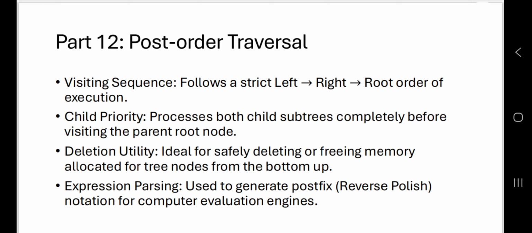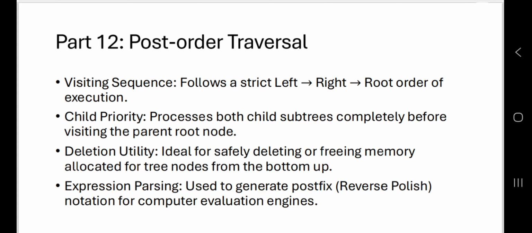Post-order traversal. So the final DFS variant is the post-order traversal. The visiting sequence follows a strict left, right, root order. With child priority, both child subtrees are processed completely before visiting the parent root node.